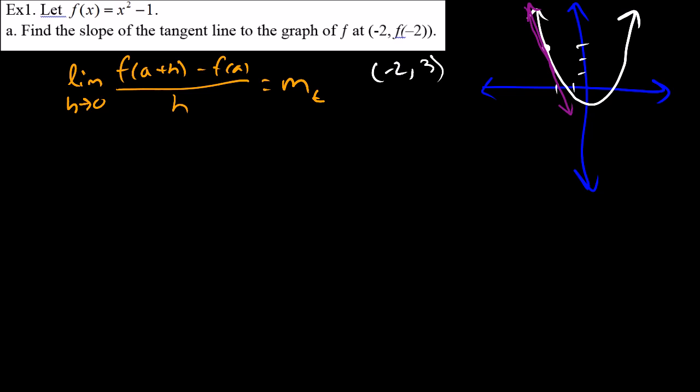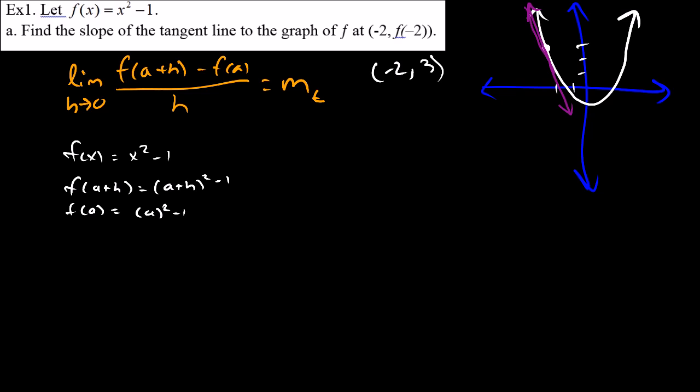If we have our function, f of x, and we want to find f of a plus h, we just have composition of function here, and then f of a would equal a squared minus 1.